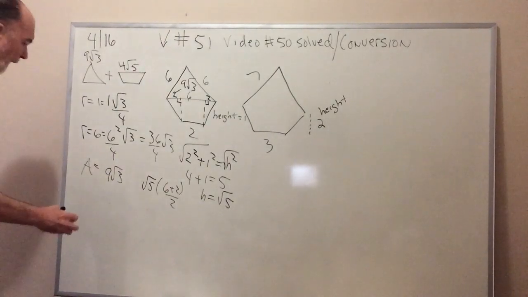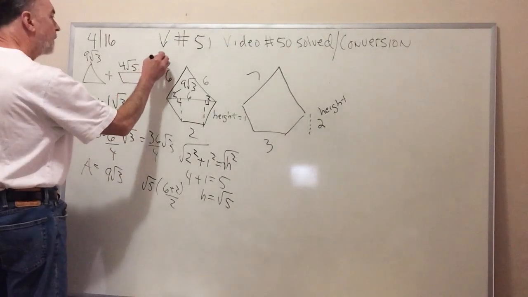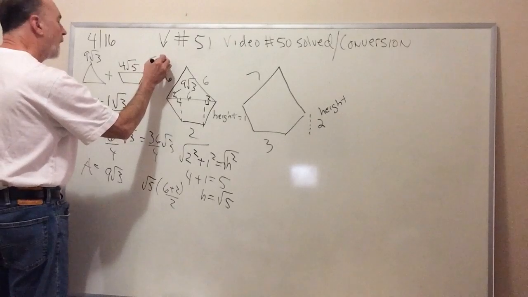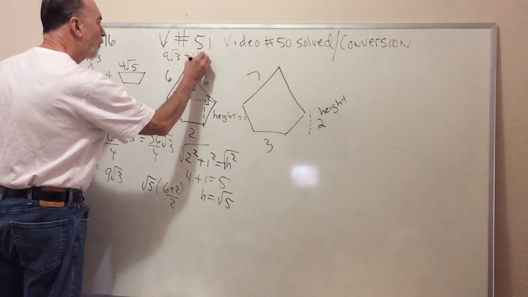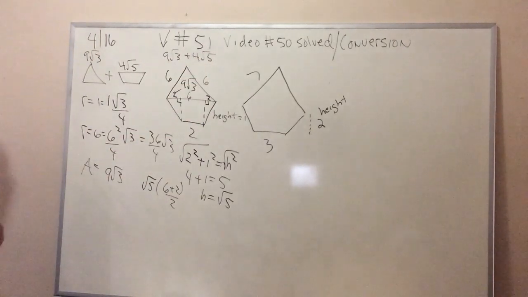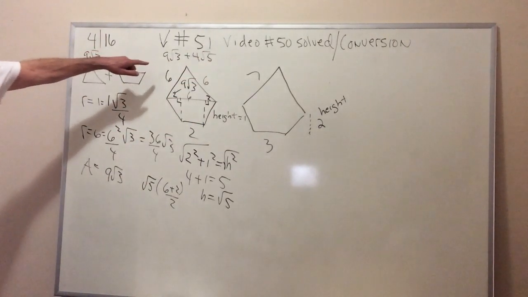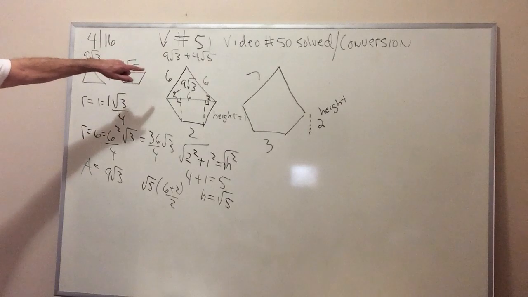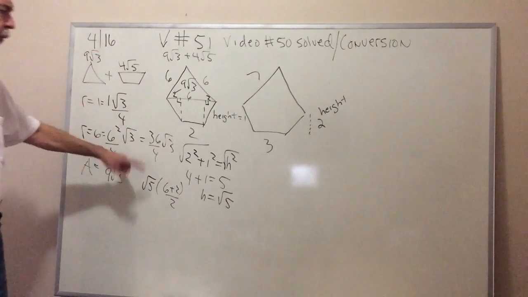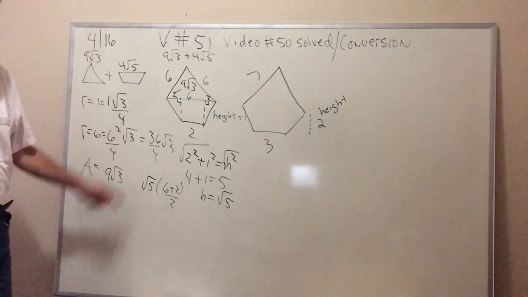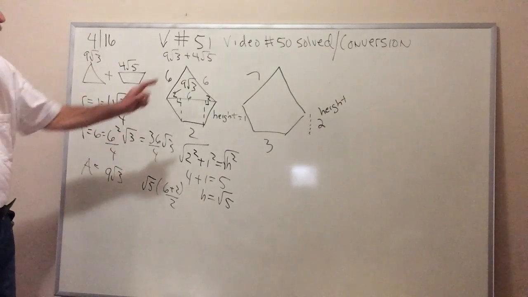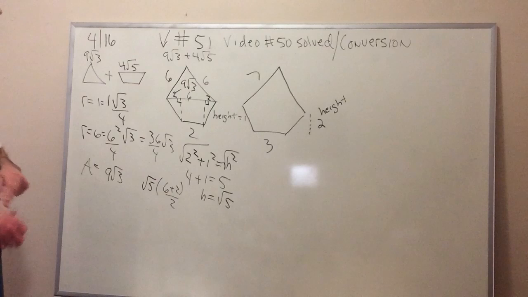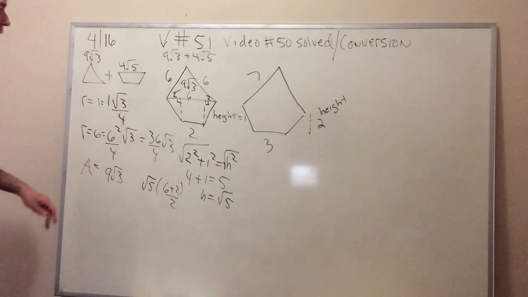So we add them together, and the area of this is 9 radical 3 plus 4 radical 5. Random numbers, but the point being that you can easily do the work. It only took me a couple seconds. Imagine if I were on my own, I'd be done in a couple of seconds. So you can imagine how easy the next one is. I'll go over to the other side and do it.